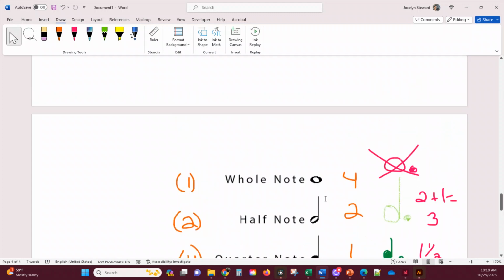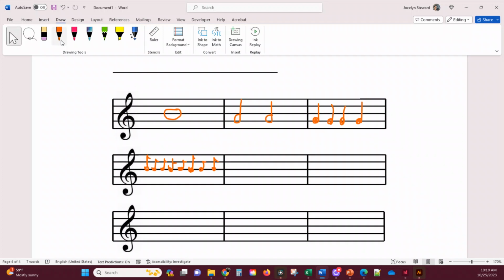So let's go back up to our sheet music and add in a dotted half note and a dotted quarter note. I'm going to add in a dotted half note here, and a dotted quarter note.